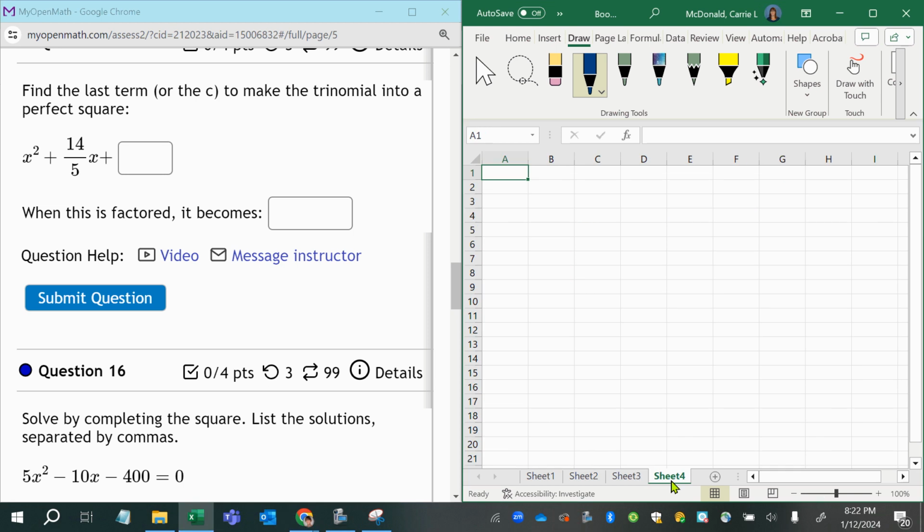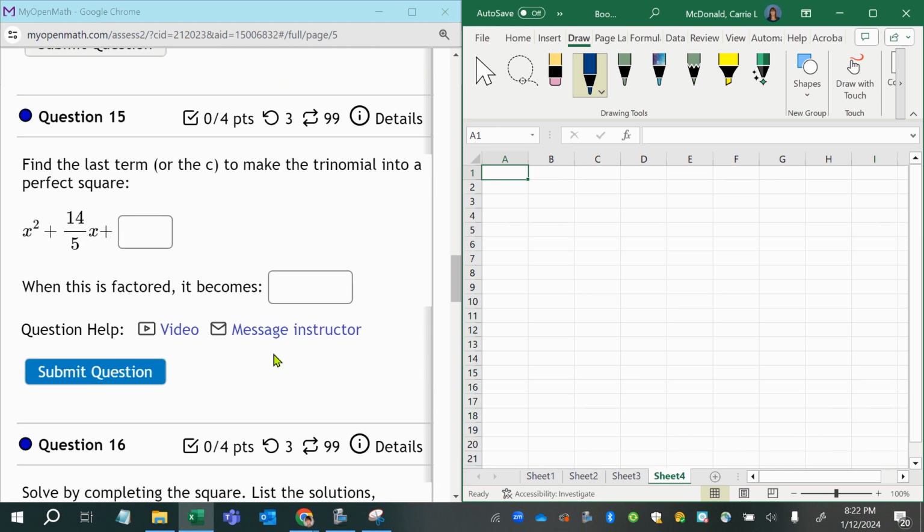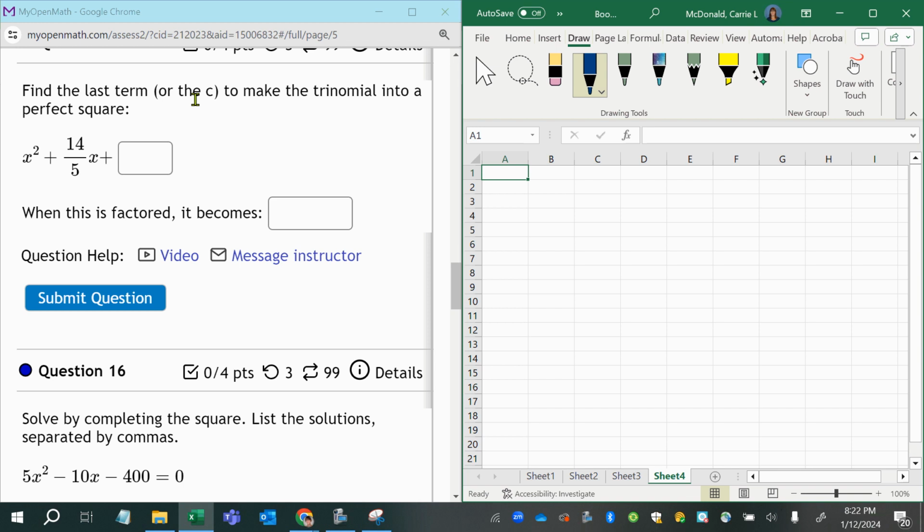Next, number 15. Find the last term, or the C, to make the trinomial into a perfect square. Same idea as the last problem. Again, we want to divide that middle coefficient by 2. When we divide by 2, it's another way of taking 1/2 of it.